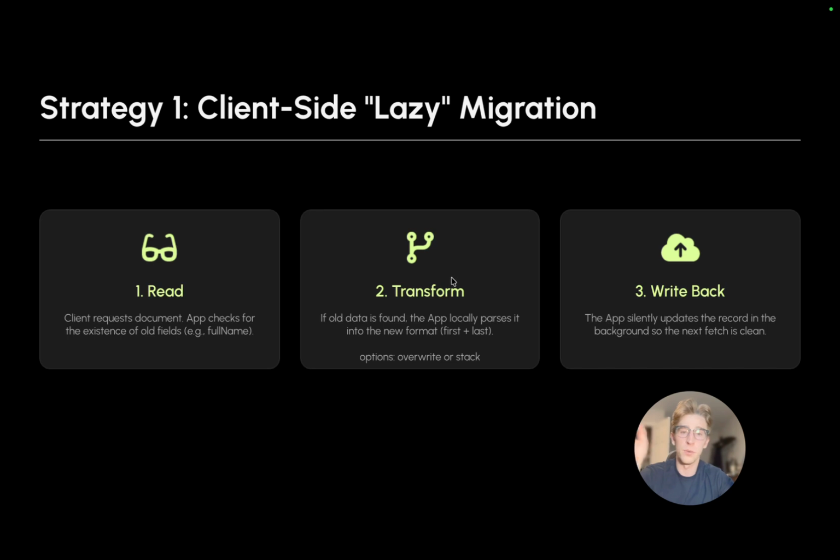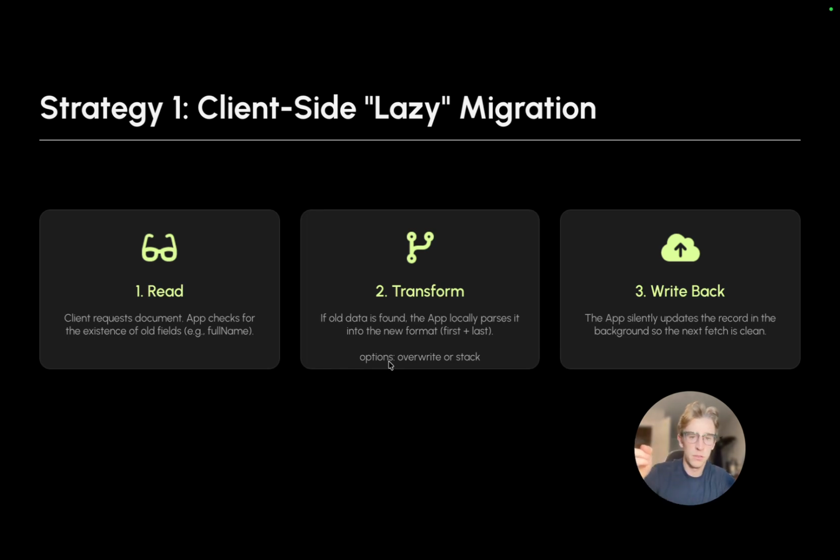Then you're going to transform that data. So if old data is found or new data is not found, the app is going to locally parse that data into the new format. It's basically going to perform some migration, and then it's going to write that data back to your database. The app silently updates the record in the background so that the next fetch is clean. Basically, that data is updated.